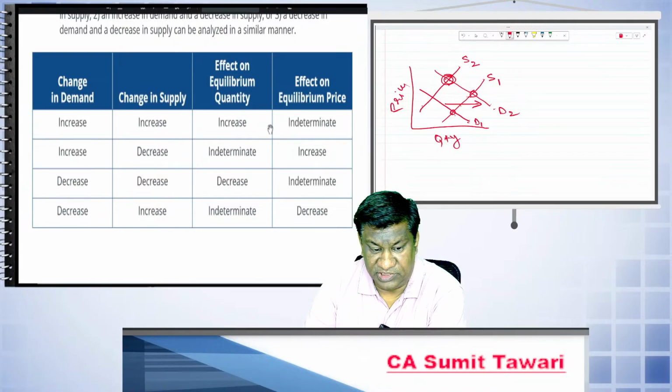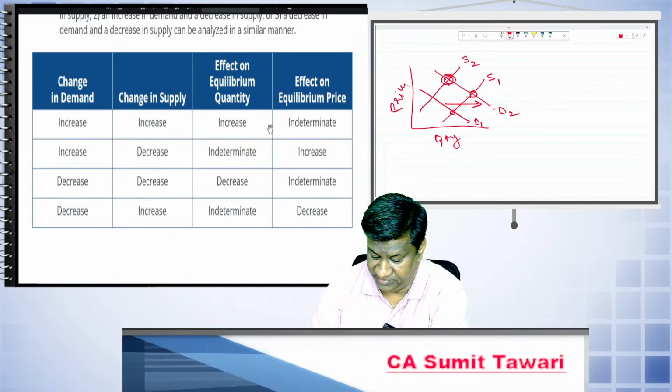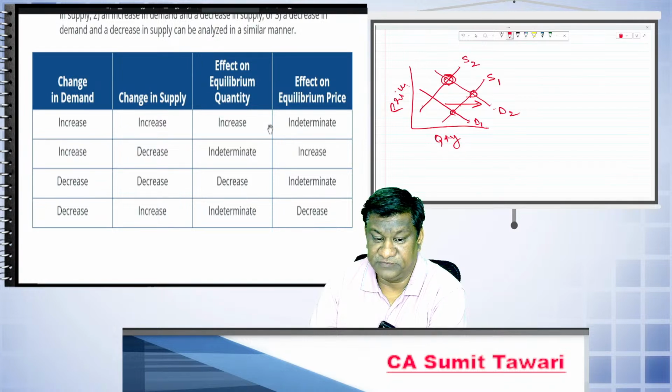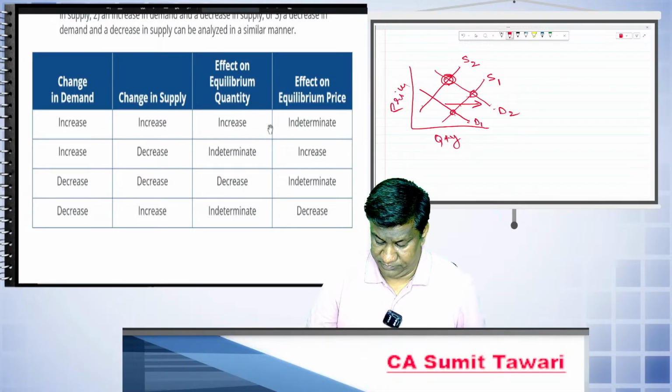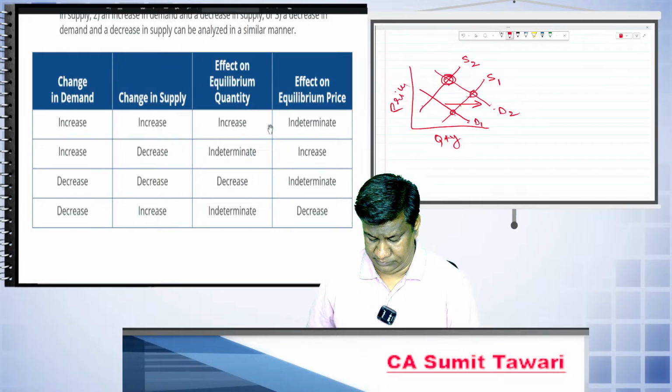Again, change in demand increase, change in supply increase, equilibrium quantity also increases, but why can we not decide the equilibrium price? Because it's fixed by the market? Yeah, it is fixed by the market. Give a thought over it.